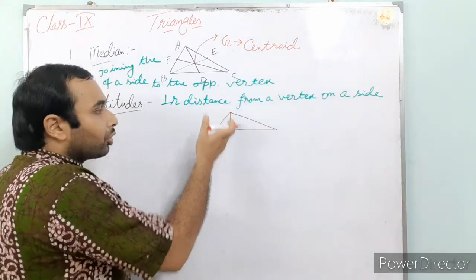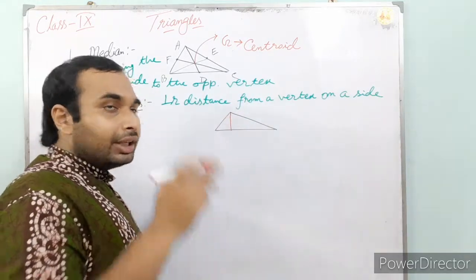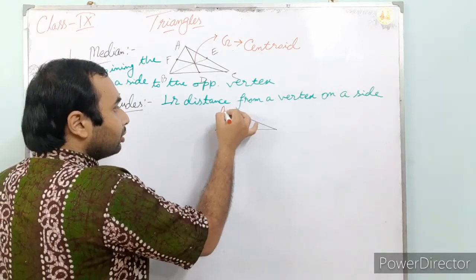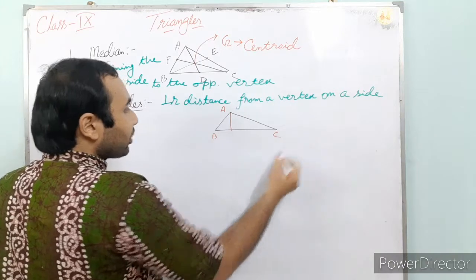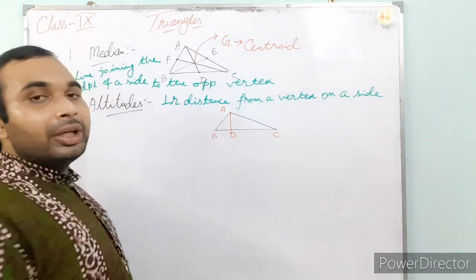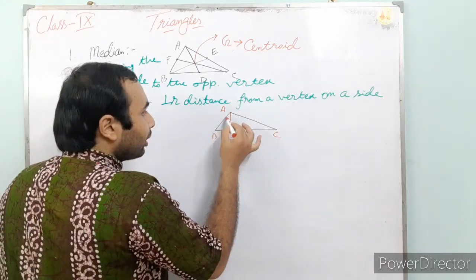So altitude means this: if we draw a perpendicular from a vertex to the opposite side, the line that results is the altitude. If ABC is a triangle, then AD is perpendicular to BC, so AD is the altitude here.